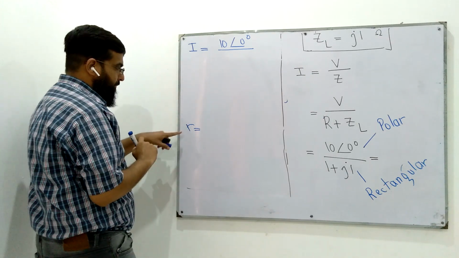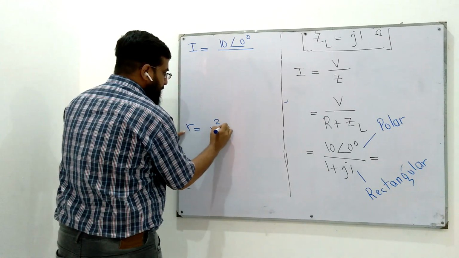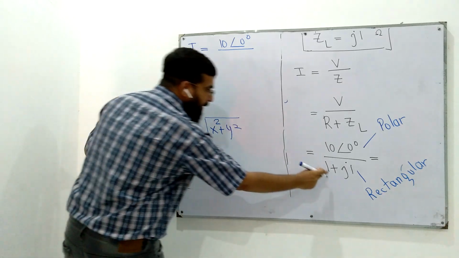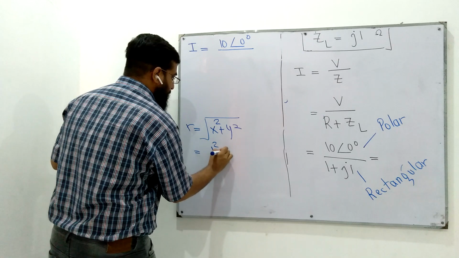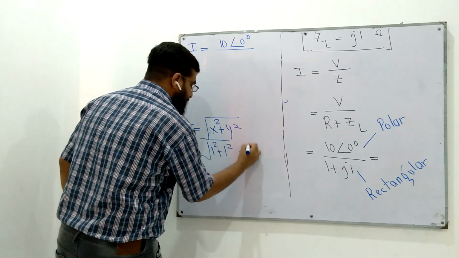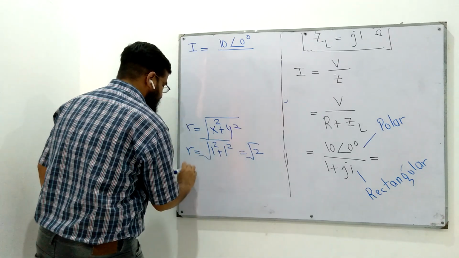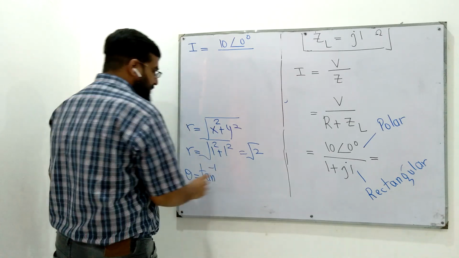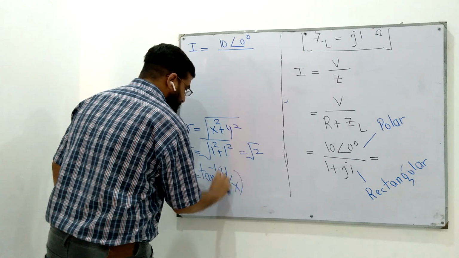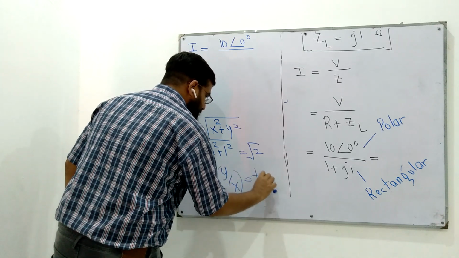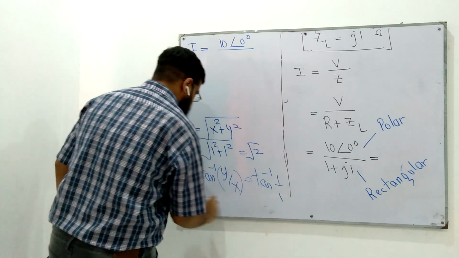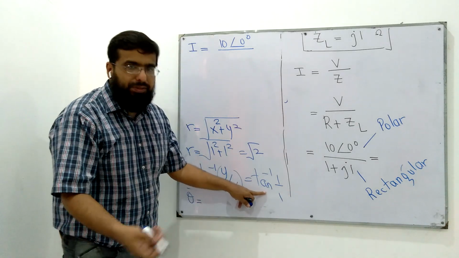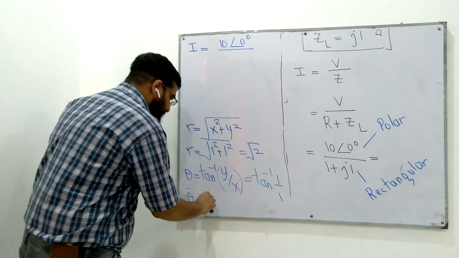For polar form, R is, as we have already studied, the square root of x squared plus y squared. We have x as 1, y as 1: square root of 1 squared plus 1 squared, which is square root of 2. And theta is tan inverse y over x, tan inverse 1 over 1. Tan inverse 1 is the theta for which sine and cos are equal, which is 45 degrees.